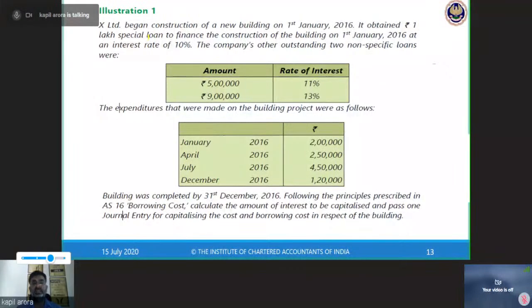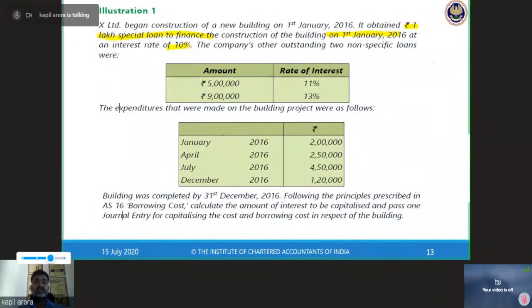So X Limited began construction of new building on 1st January. It obtained 1 lakh specific loan. So the loan of 1 lakh is a specific loan to finance the construction of the building, which is starting on 1st January 2016. Interest rate is 10%.